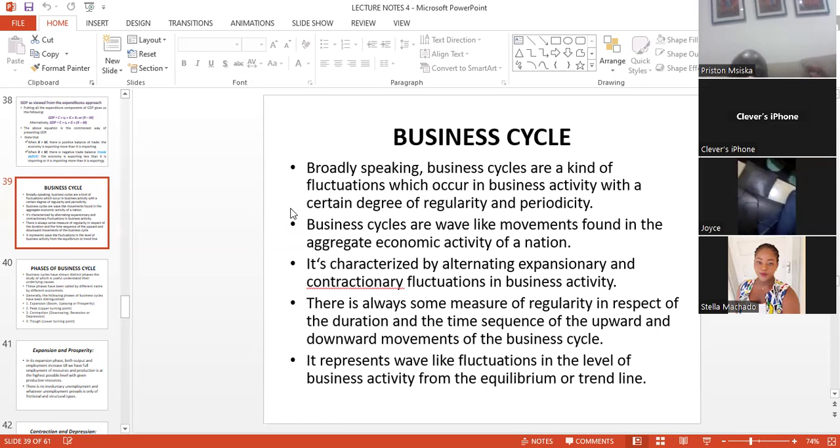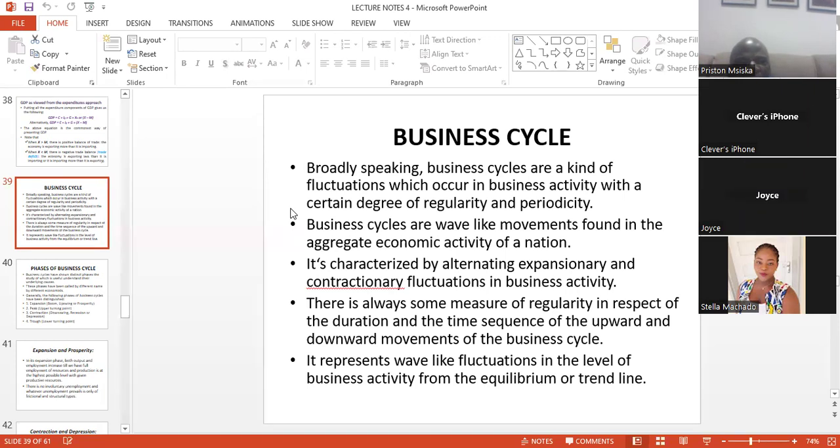So in themselves as businesses, you have fluctuations, just like you have fluctuations in the aggregate economic activity. So you can imagine that if a number of businesses, maybe let's say 80% of the businesses are doing well, you expect the economic activity, the aggregate, also to be recording a high rate of growth.